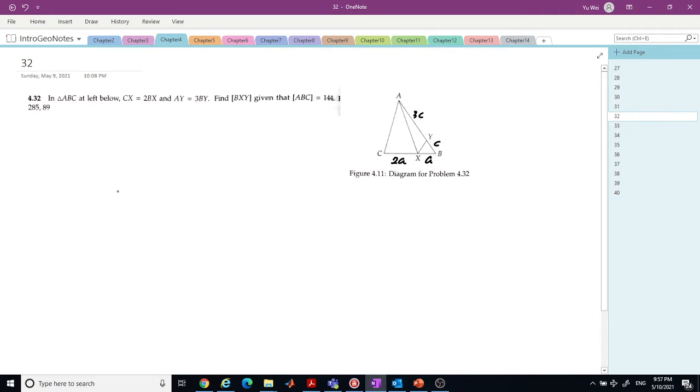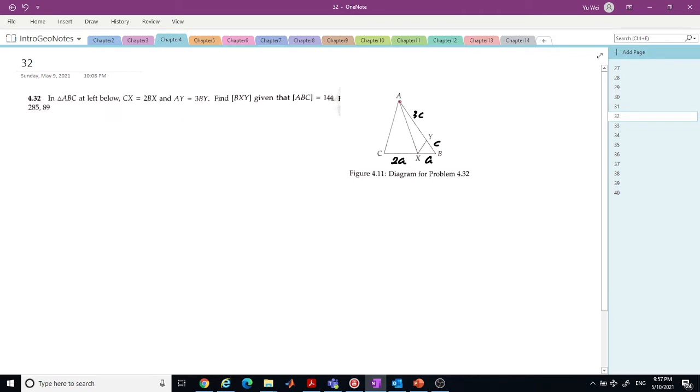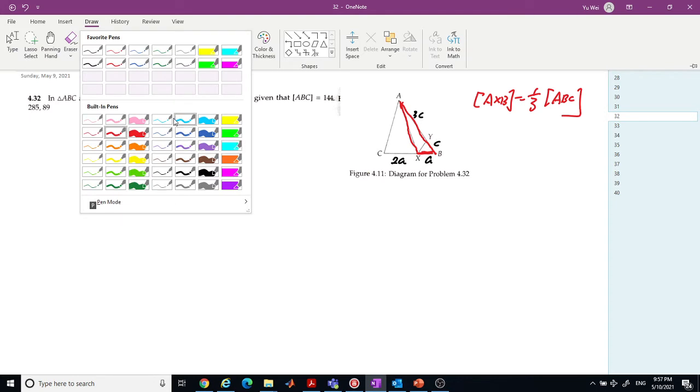So you can see ABC is 144. So this triangle AXB, because it has the same height, is 1/3 of the triangle ABC. Now let's see the other one.